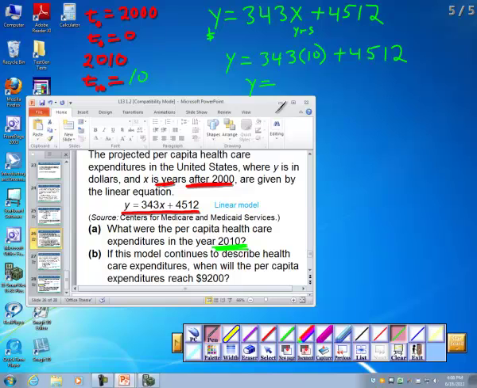Y equals, Travis? 7,942. Right. 7,942, and that's what? Expenditures, right? Okay, that's part A.